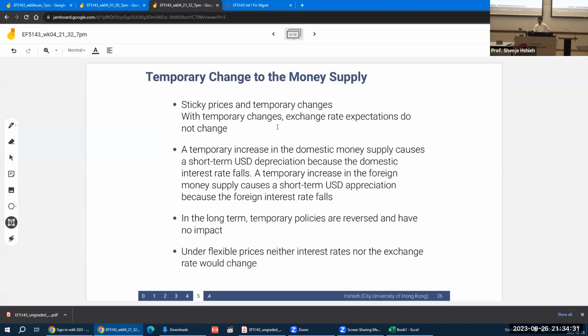When we talk about temporary changes, the key takeaway is that E hat E is unaffected. Your expectations remain anchored, because the assumption is that if the change won't persist forever, then I have no reason to update my expectations.